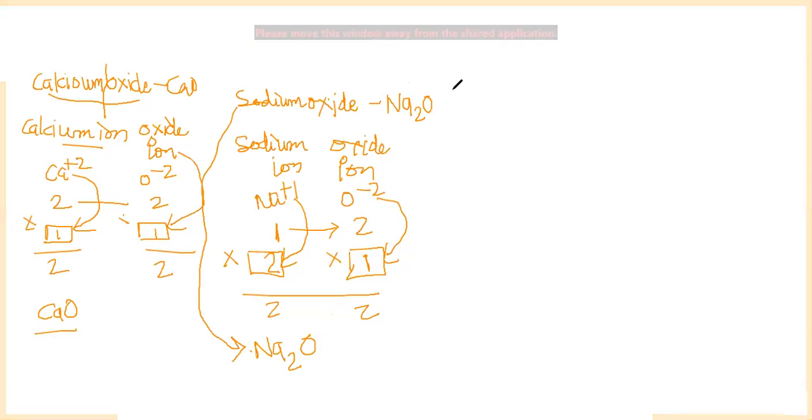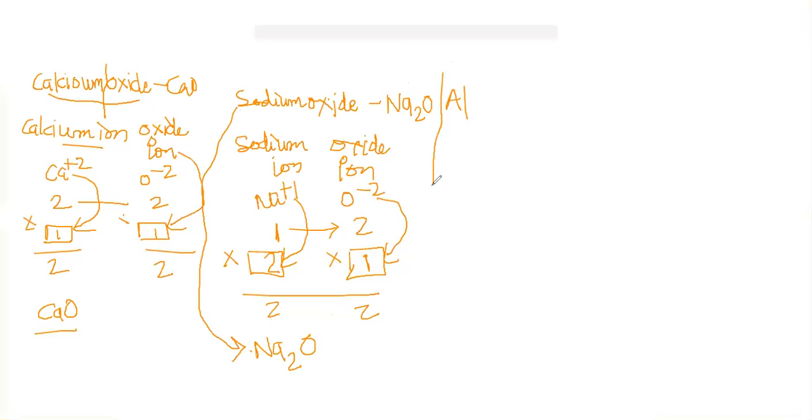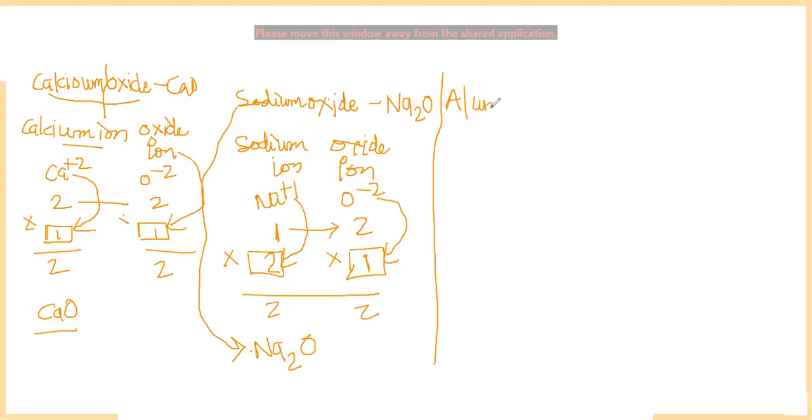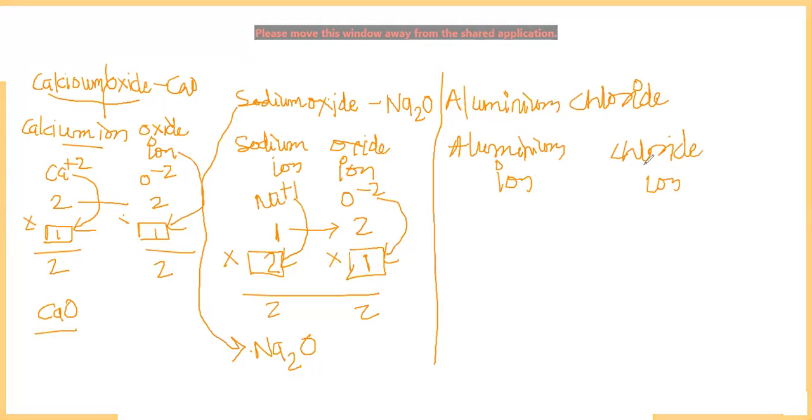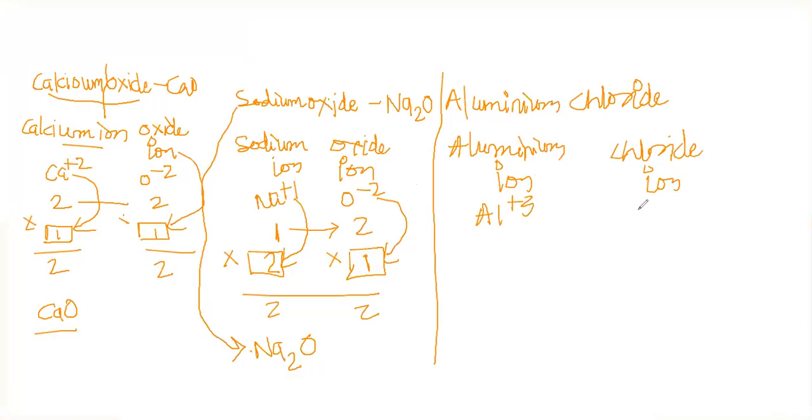Now, my dear students, suppose we want to write aluminium chloride. Here you need to take the aluminium ion and the chloride ion. The aluminium ion is Al plus 3, whereas the chloride ion is Cl minus 1. So here you write the charges 3 and 1.